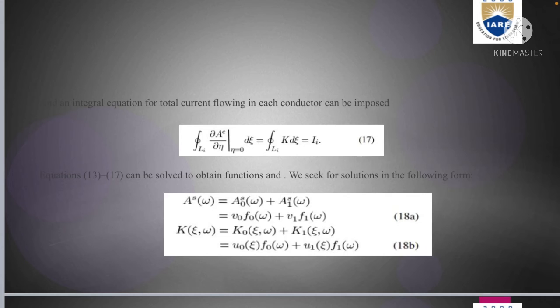And an integral equation of total current flowing in each conductor can be imposed as follows. Equations 13 and 17 can be solved to obtain the unknown functions, and we can seek solutions in the following form.